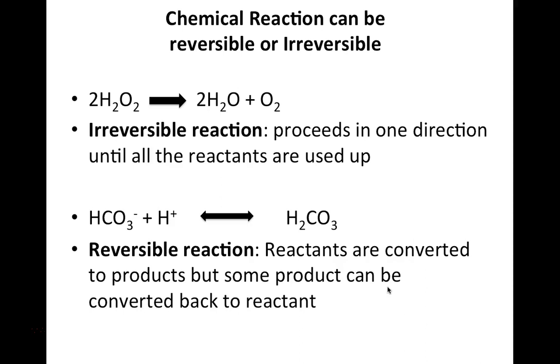The carbonic acid, on the other hand, can also go in the reverse direction to produce bicarbonate and some hydrogen ions. This is actually a chemical reaction that's quite important in human and even animal blood. And we'll talk about, or you might hear about, those types of reactions in other courses, as well as possibly this one.